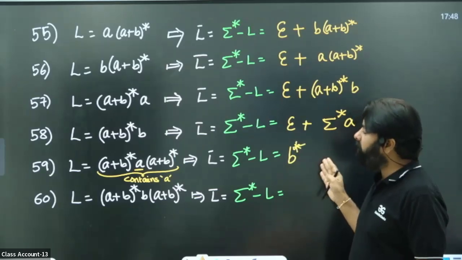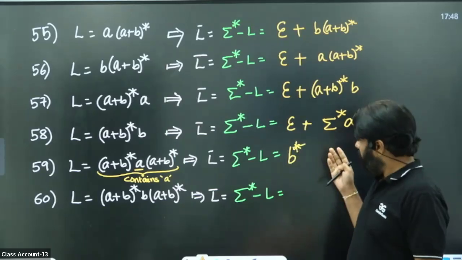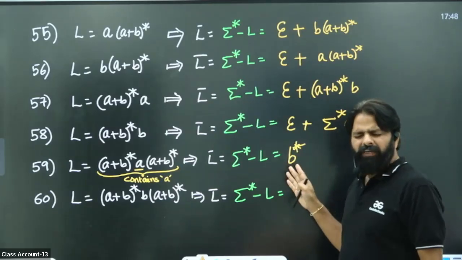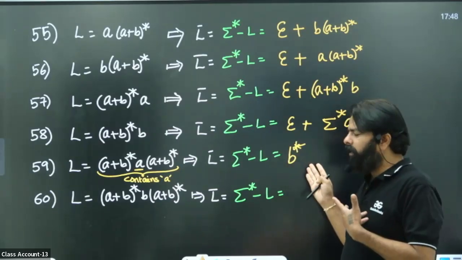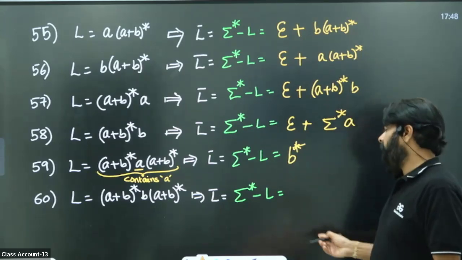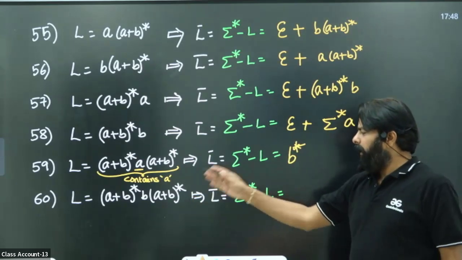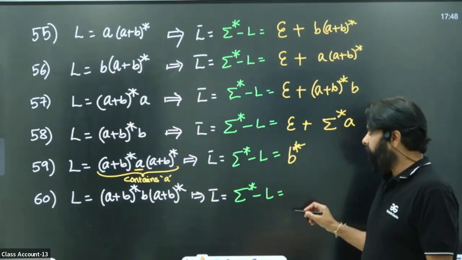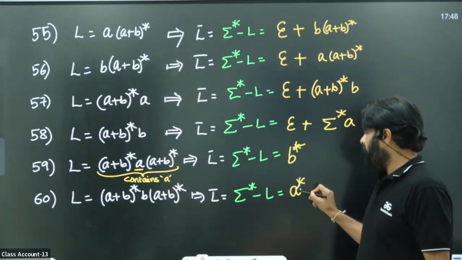In this B star, every string does not contain A. The whole world not having A is covered here. If any string is not having A, it must have only Bs, or it must be epsilon, right? Here, containing B, and in the complement, not containing B. What happens when not containing B? A star.